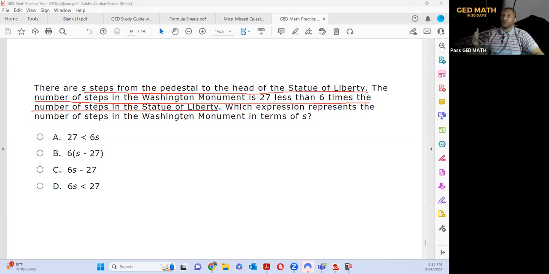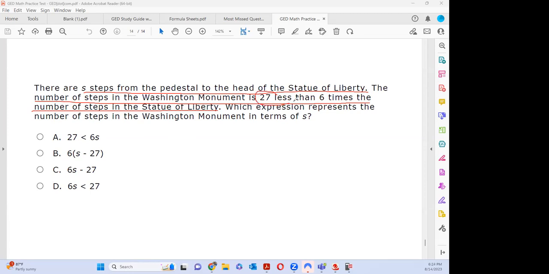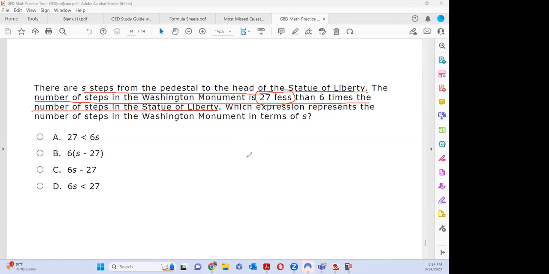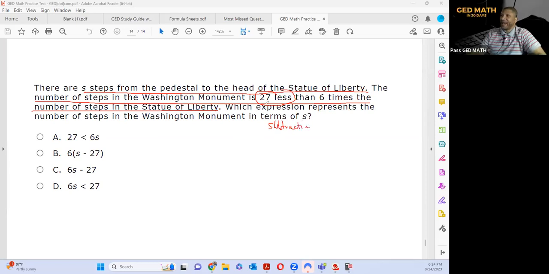What you have to do when you see a problem like that is know that S stands for the number of steps for the Statue of Liberty. So then go to the second part: the number of steps in the Washington Monument is 27 less. What operation is less than? Minus. So we know this is subtraction. Less than 6 times the number of steps in the Statue of Liberty. What is 6 times?